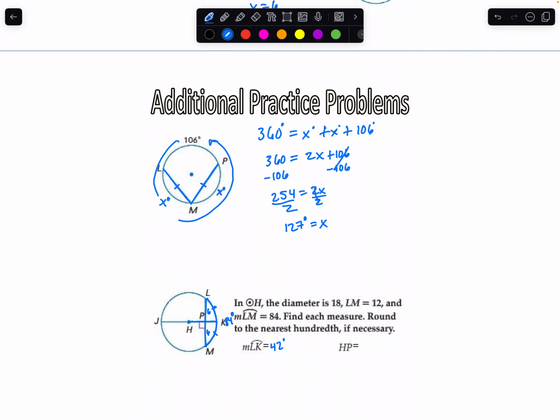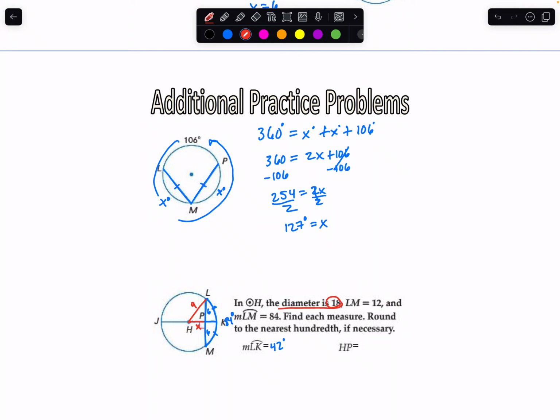Now, to find the measurement of HP, we know that the diameter, which is this section, let's change the label here to a different color. To find this length, HP, we'll call this X. Since the diameter is 18, I can say that the radius is 9.